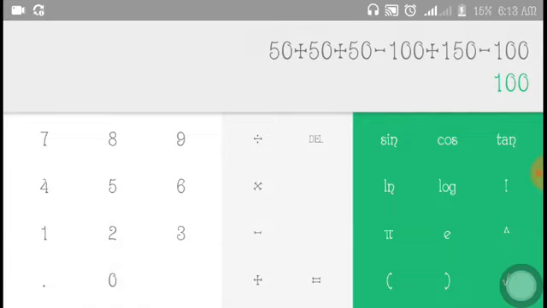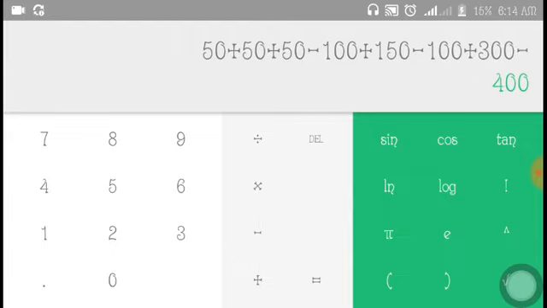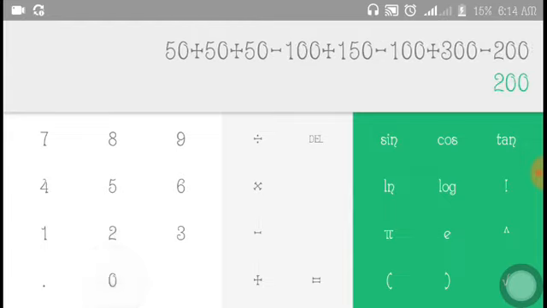We had two winning streaks, 150 pips plus 150 pips, that is 300 pips. Then we had a losing streak of 2 times, 200 pips minus 200 pips. Then we had a winning streak again of 300 pips.